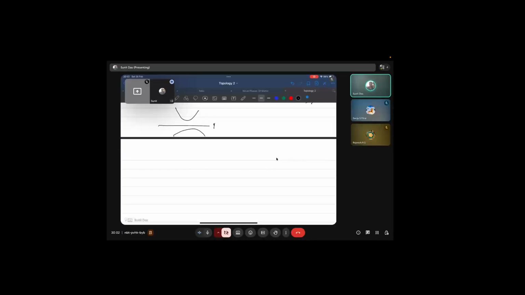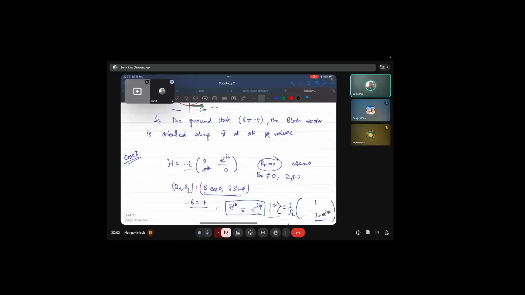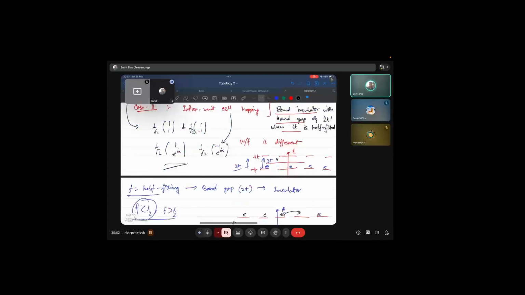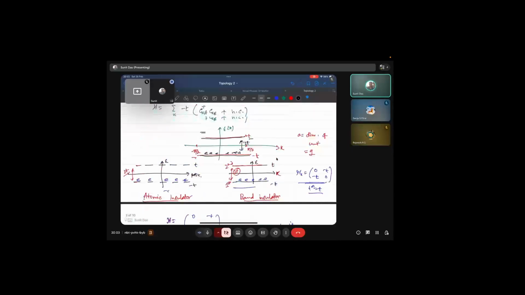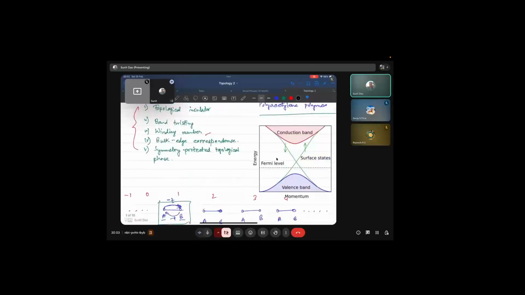Somewhere there the Fermi energy lies, so that this part is completely filled, there are no states here to conduct electricity, and then there is a finite band gap, so no conduction, right? For the case of topological insulators, it turns out that there are some states which lie exactly at the zero energy. So this is the scenario.